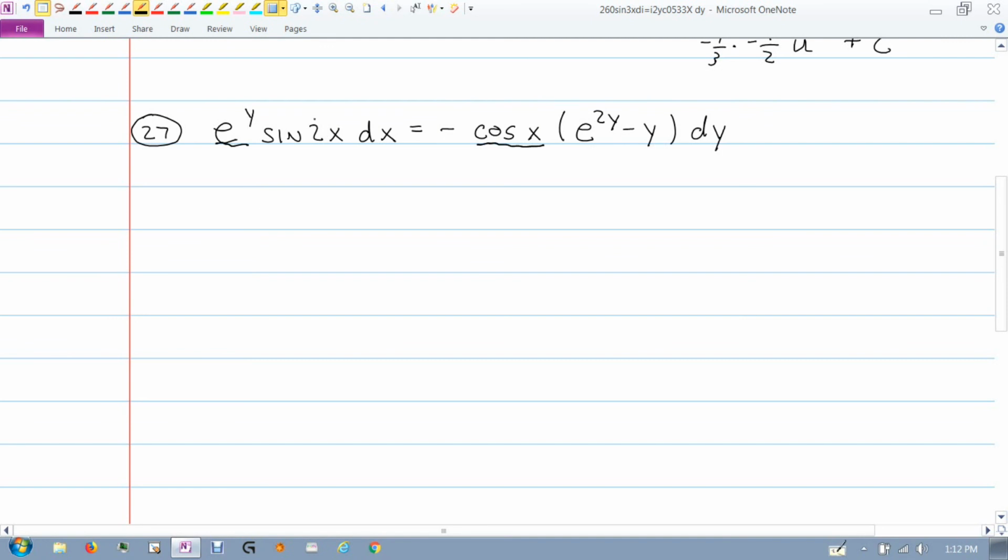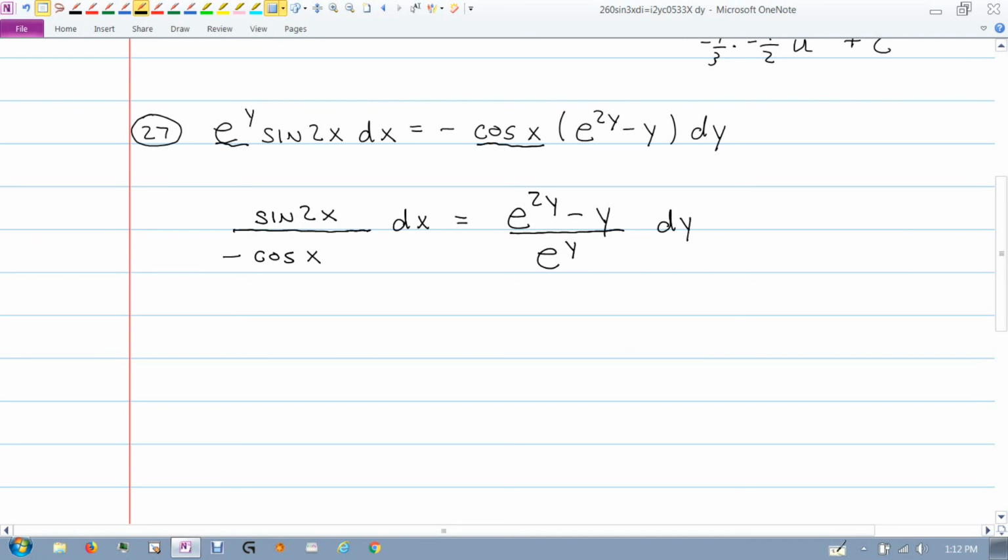So I'm going to have here sine 2x over cosine x. Let's go ahead and bring the negative over also. And then dx equals, and on the right-hand side, e to the 2y minus y over e to the y dy.